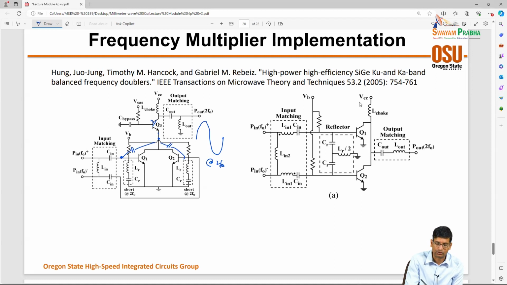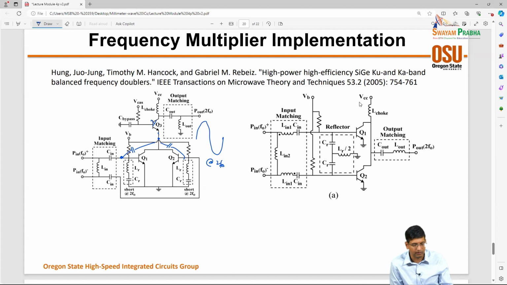So that leads to a 2F0 signal at this node, and the existence of a large signal there basically starts preventing the F0 signal from being able to drive the IC, so it affects matching and affects conversion gain.